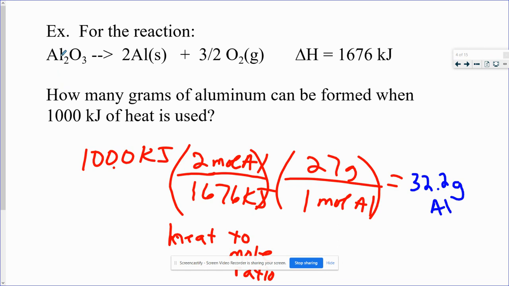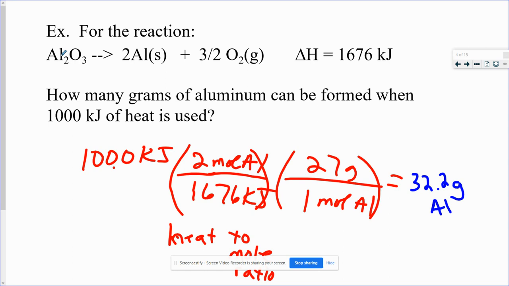Here's my balanced equation. I will have Al2O3 going to 2 moles of Al plus 3/2 mole of O2, and my delta H value is 1,676 kilojoules.